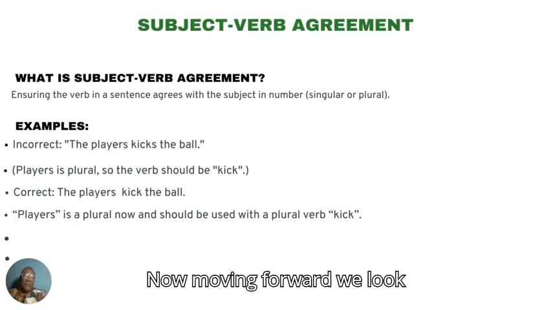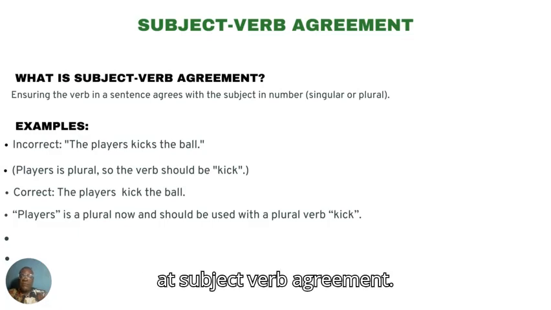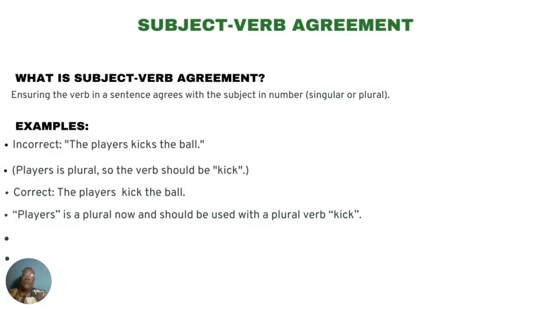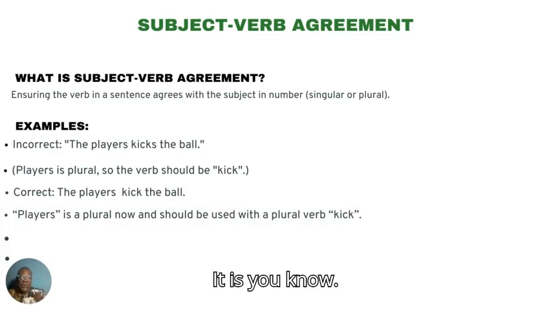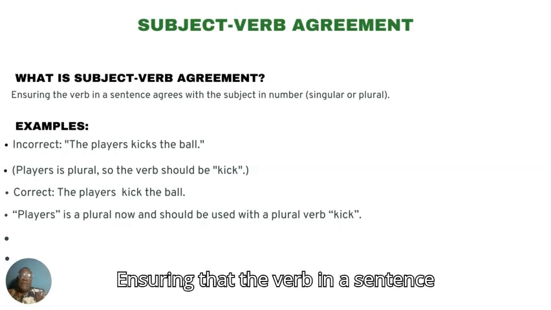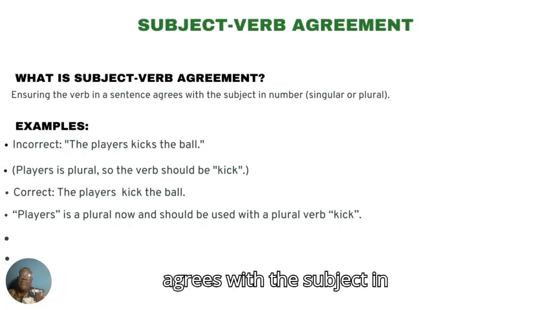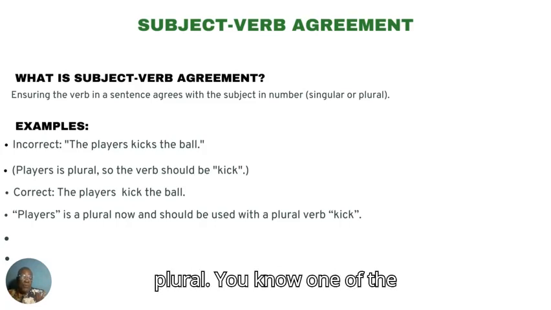Now, moving forward, we look at subject-verb agreement. What exactly is subject-verb agreement? It is ensuring that the verb in a sentence agrees with the subject in number, either singular or plural.